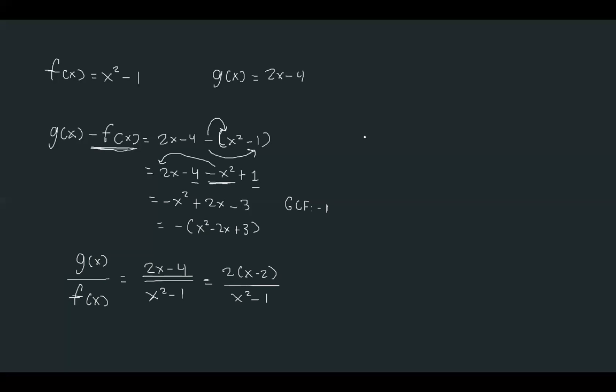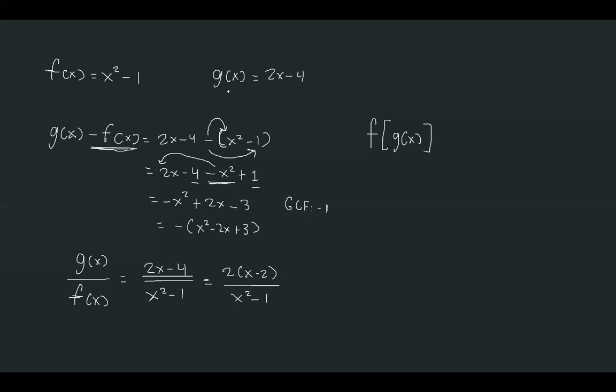Now, here's the last example, and I think I'm going to make it into two more. What if I ask you to get f of g of x? Do you guys have an idea of what f of g of x is?